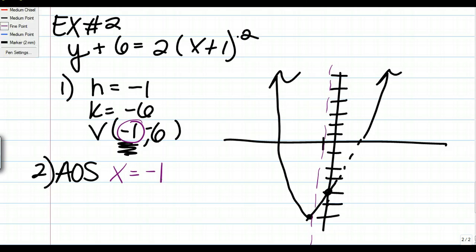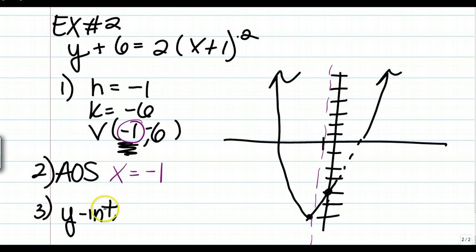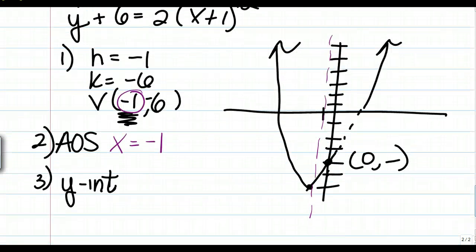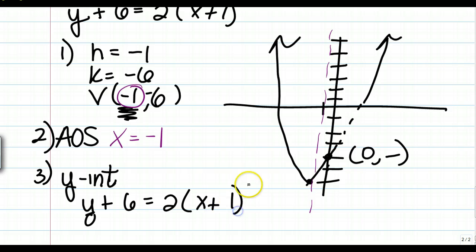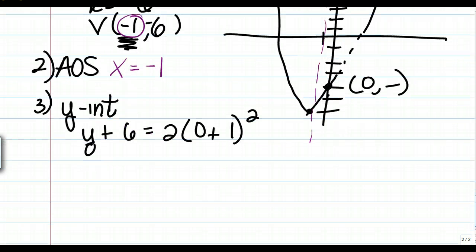Another thing you will need to find for this particular problem is your y-intercept. Where does it cross the y-axis? So you know that when it crosses somewhere over here, it's 0, comma something. And that means we have to use our original equation and plug in 0 for x to find out what y is, just like we did on the other one.